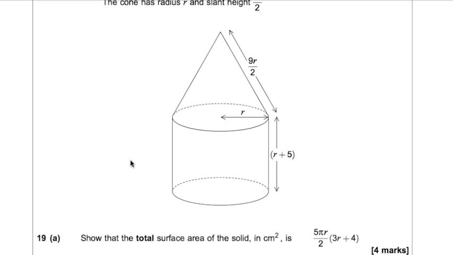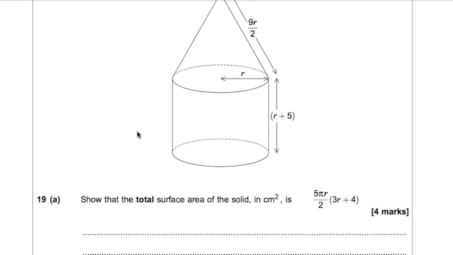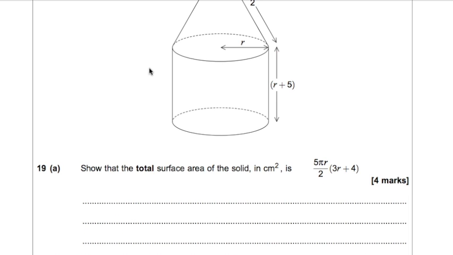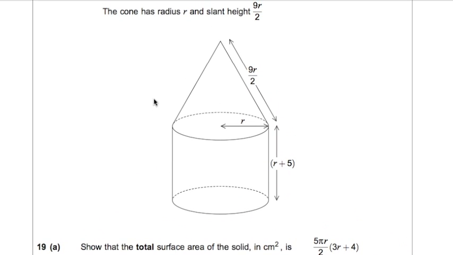So, part A, show the total surface area of the solid in centimetres squared is pi r over 2 times 3r plus 4. So let's think about all the different faces. I think there's going to be 3. There's going to be the face of the cone, the slope face, this face on the cylinder that's a rectangle, and the bottom, which is a circle.